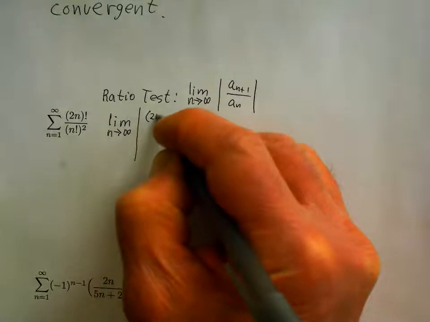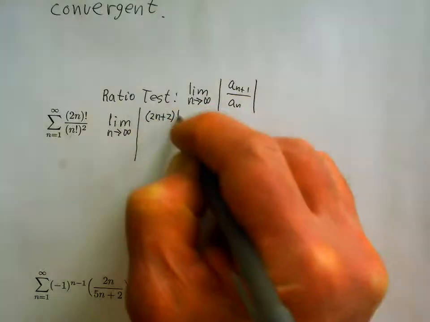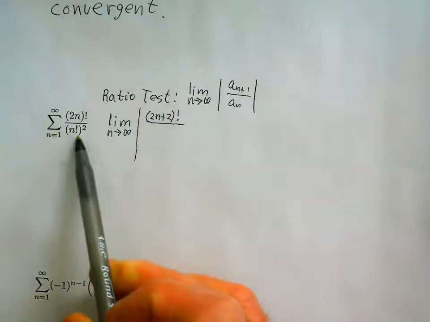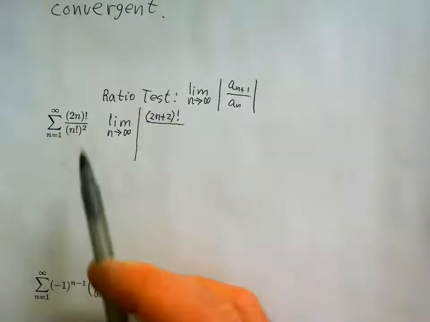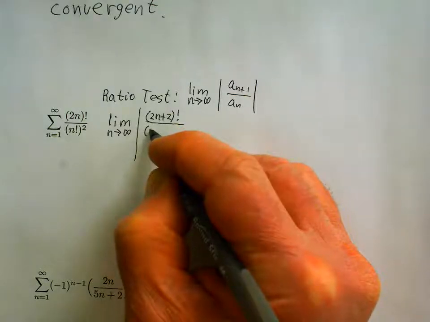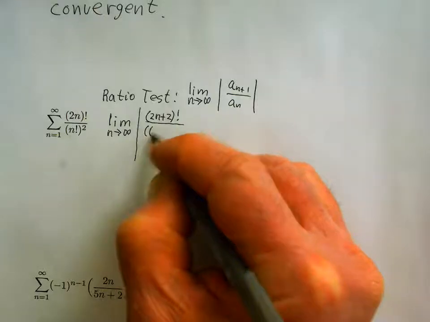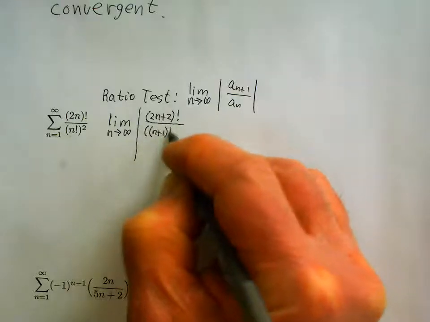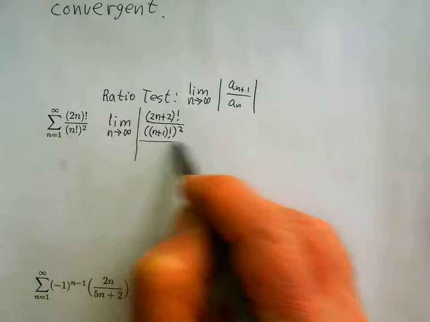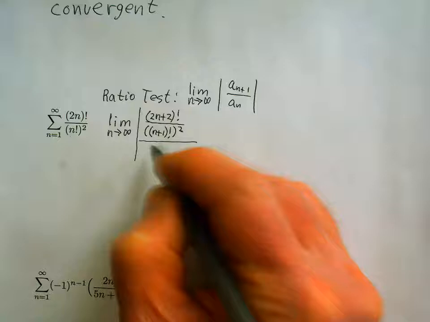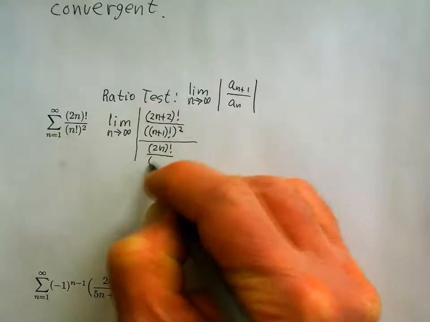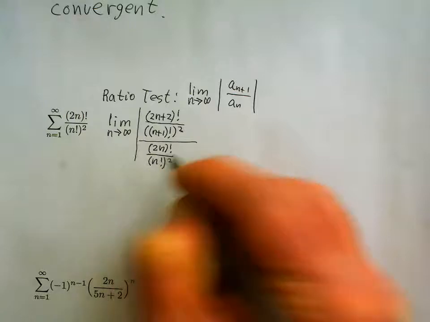So this will be 2n plus 2 factorial. And then in this denominator, we have n plus 1 factorial, and we're squaring that. And then we're dividing by the a sub n term, which is 2n factorial over n factorial squared.